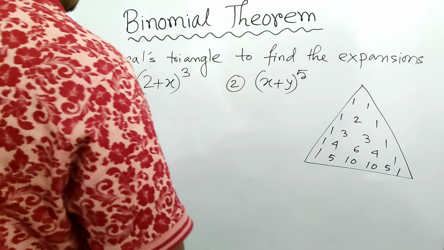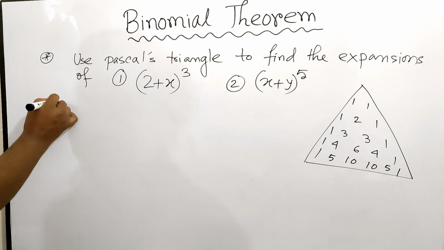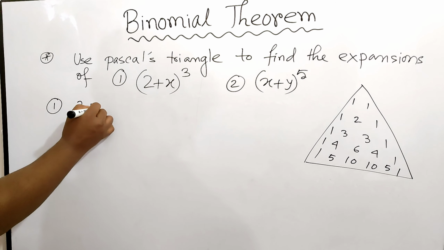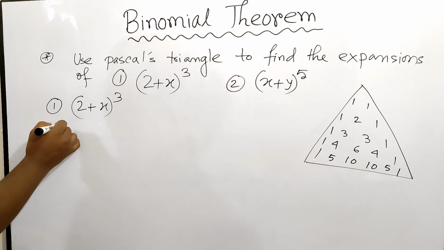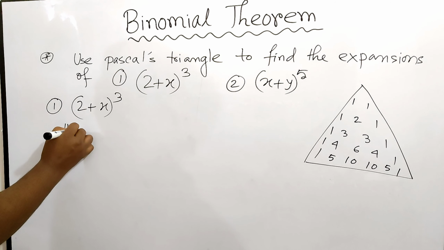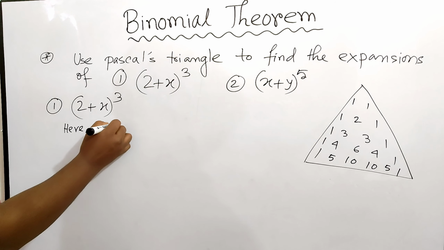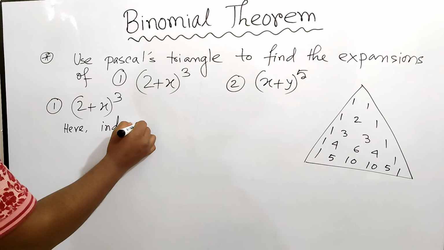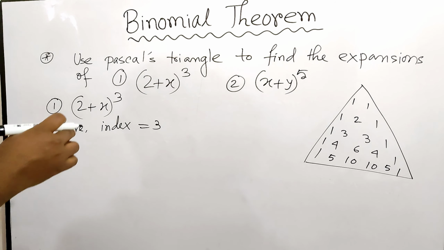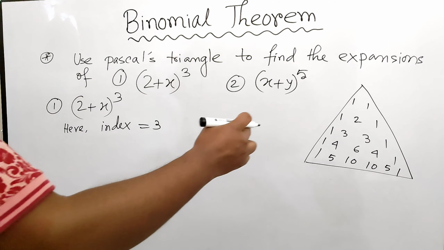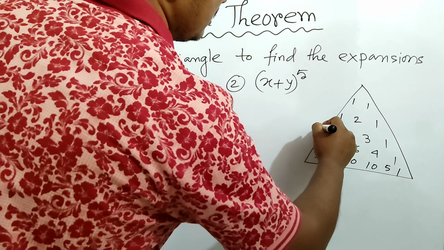Now for finding number 1, (2 plus x) cubed, look here: index equals 3, that means power equals 3. So the coefficient of the Pascal's triangle should be this.